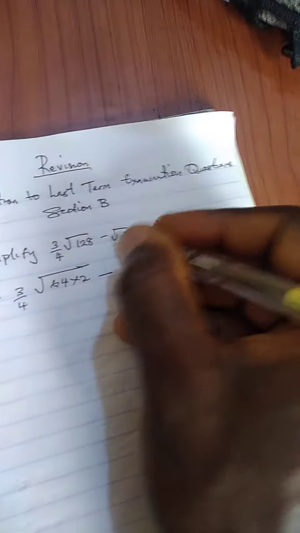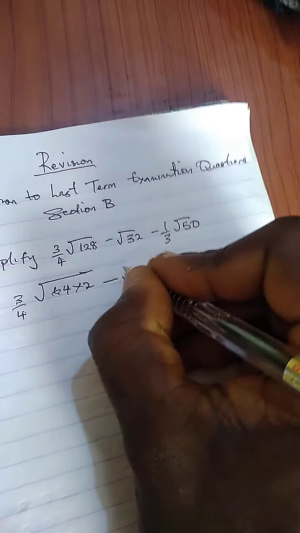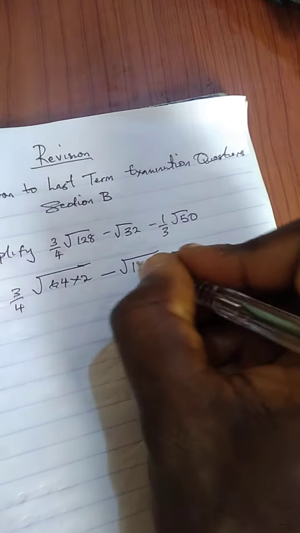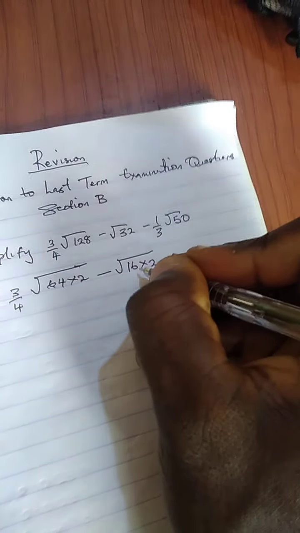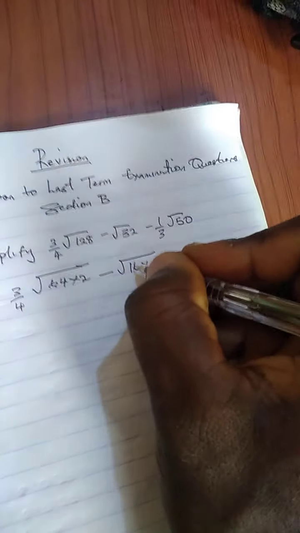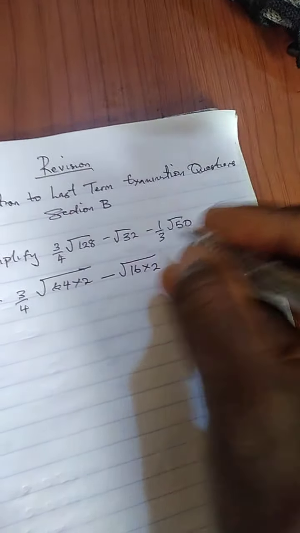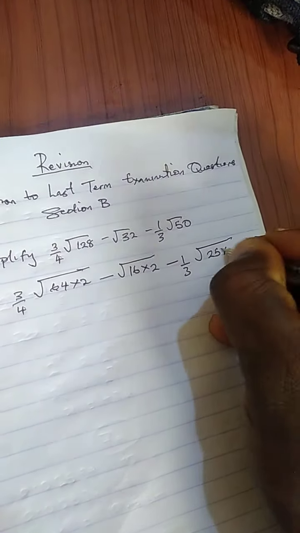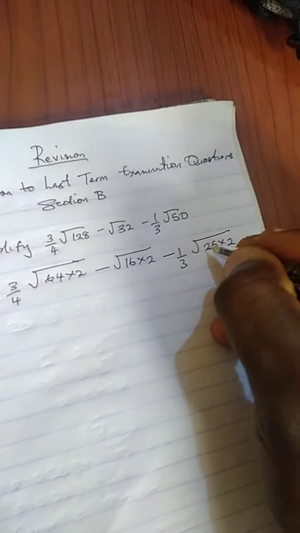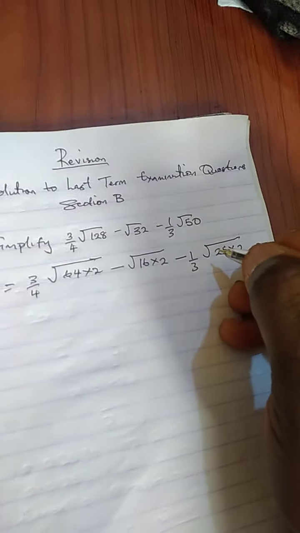We do the same for this: we break it down and all we have is 16 times 2. 16 times 2 is 32, and 16 is also a perfect square. Minus 1/3 root 50, we have 25 times 2. Of course, 25 is also a perfect square.